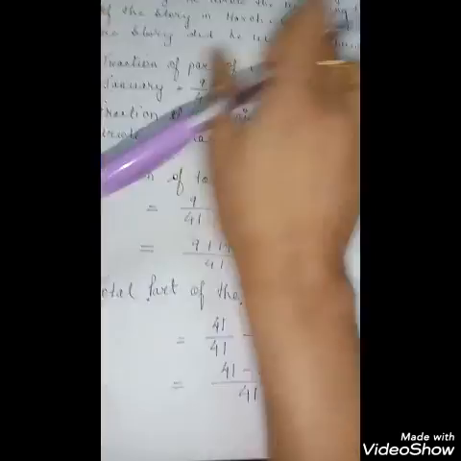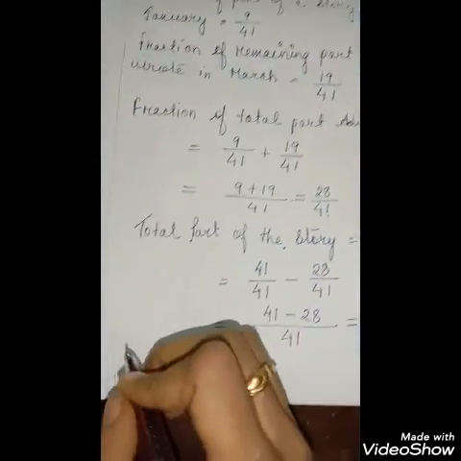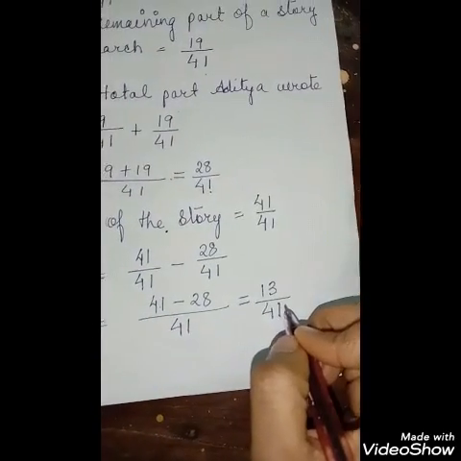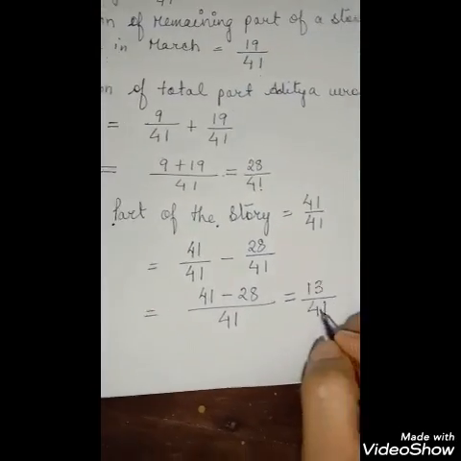So what part of the story did he write in February? Here we get 13/41.